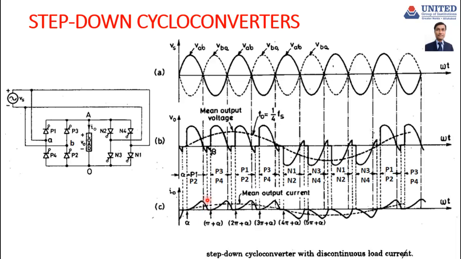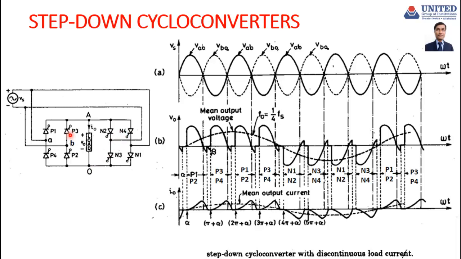In the negative half cycle of supply voltage, small b is positive with respect to small a, and thyristors P3, P4 and N3, N4 are forward biased.